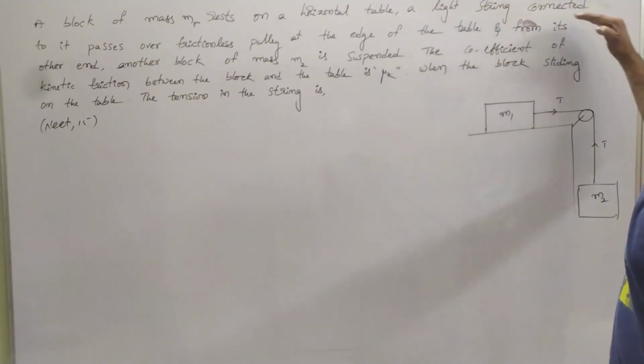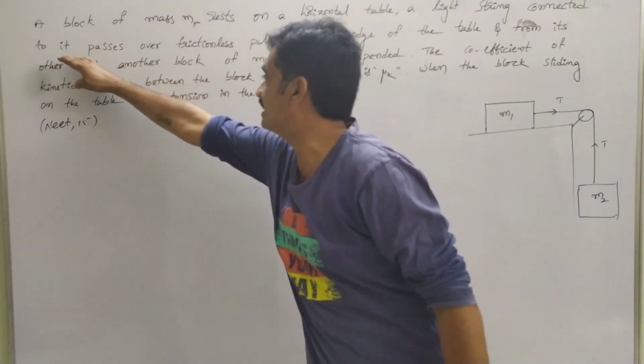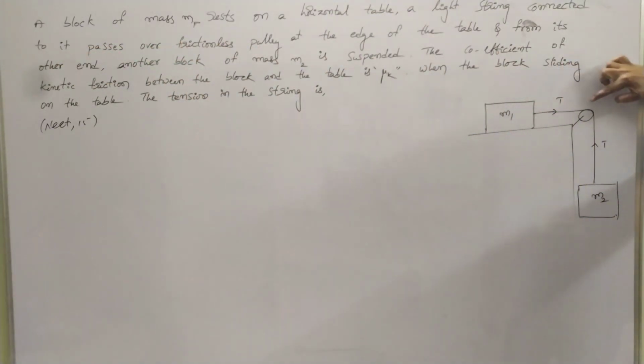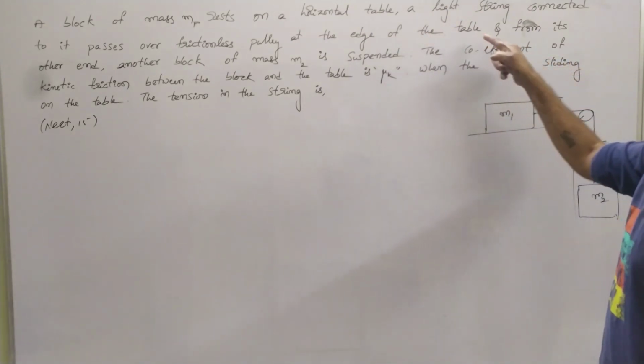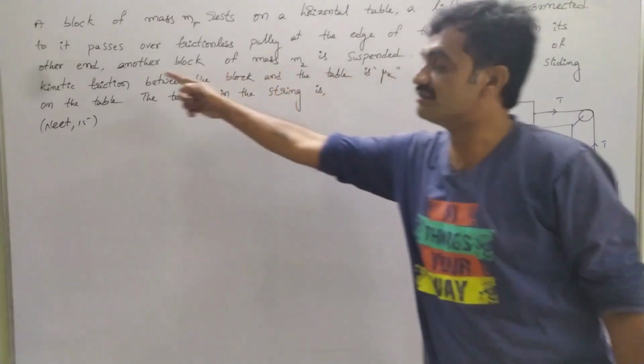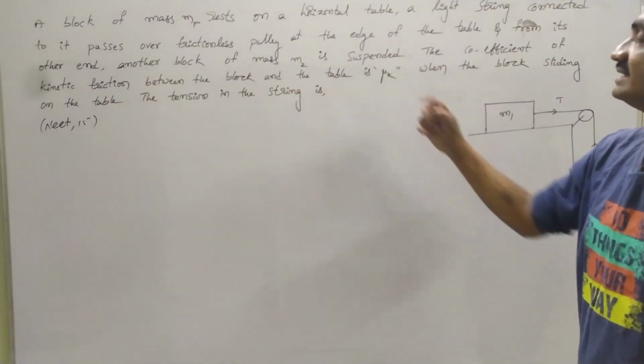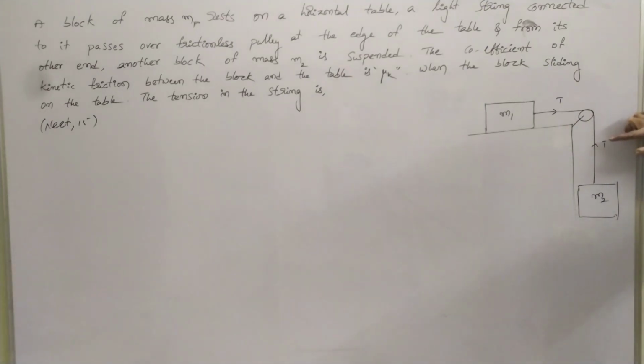A light string connected to it passes over a frictionless pulley. The string is hanging over the frictionless pulley at the edge of the table, and from its other end another block of mass m2 is suspended. So to the other end of the string, mass m2 is suspended over the pulley.